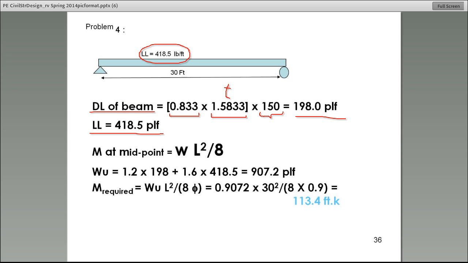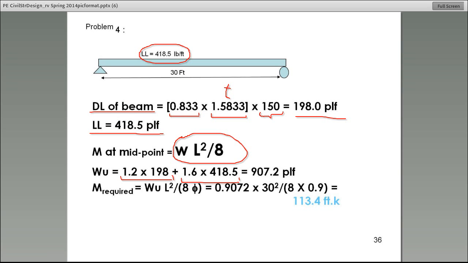All right. We calculate the moment at the midspan, WL squared over 8. Those of you who are structural engineers, you recognize this, and those of you who are not, you could look that up in the steel design manual. Yes, I said steel design manual, because the moment diagram would be the same no matter what the material. Or you can use the principles that I showed you to draw the moment diagram and get that. So in this case, you find the design load. We took the dead load multiplied by 1.2, and we took the live load multiplied by 1.6.